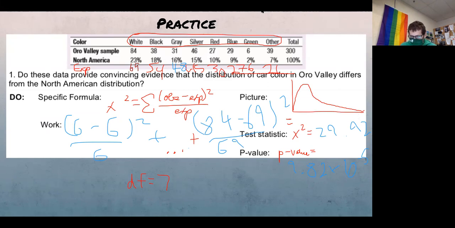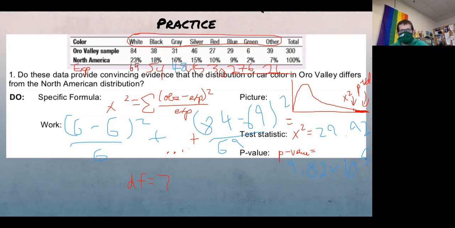Let's just say that our 29.92 would be my chi-square value right here. And then the probability right here, anything to the right of it, that would be the p-value. So just drawing a quick diagram showing that this is a very extreme value, and it's just to get the point across.